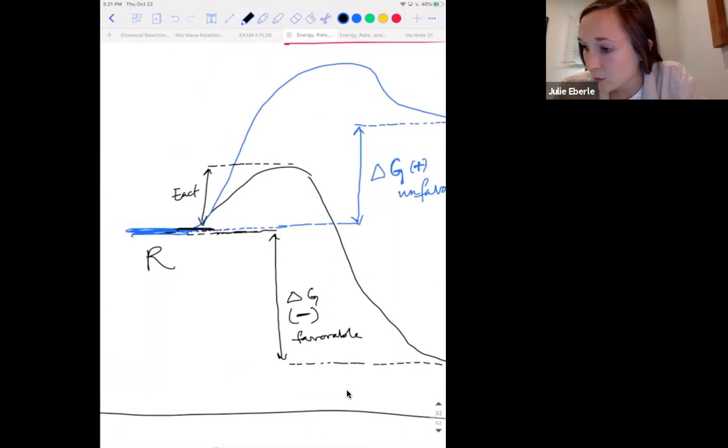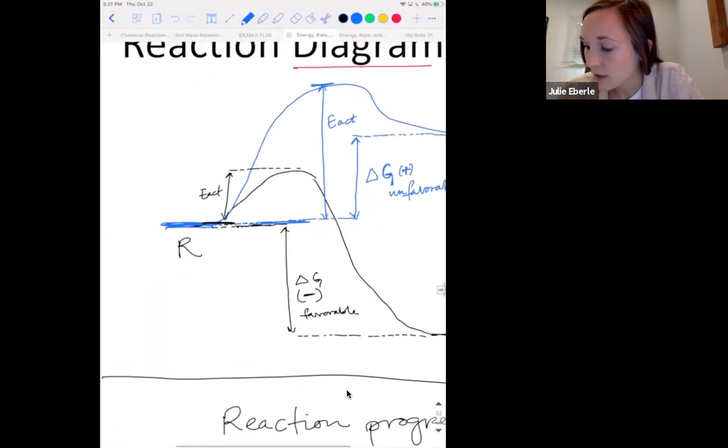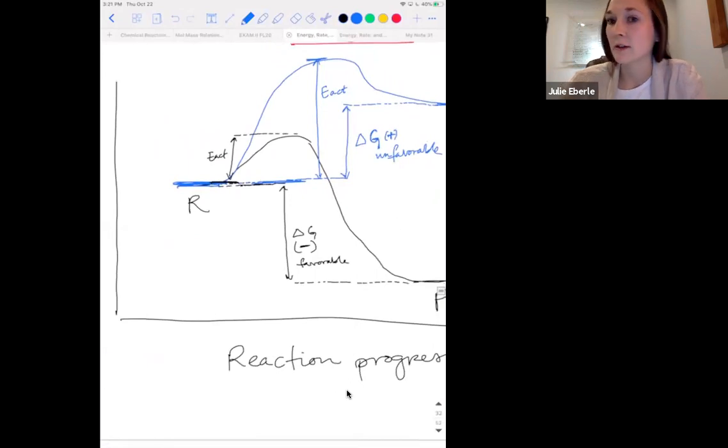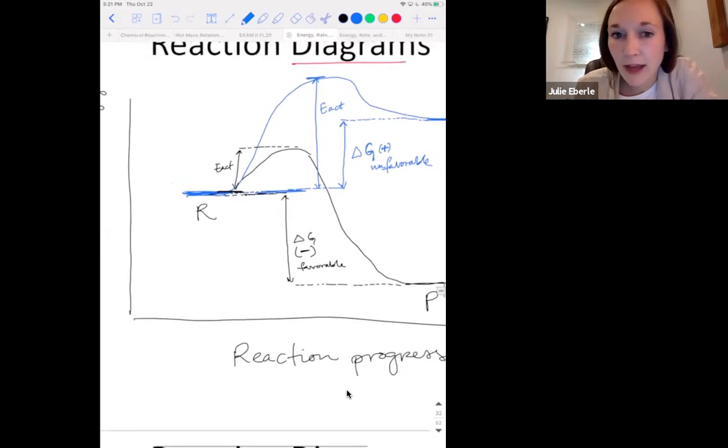And then same for the one in blue that we drew. Here was the energy level of the reactants up to the peak. This change right here, this big line down to the blue one, that is the activation energy for that reaction as well. So that's how you mark off and examine. I'll stay right here for a second. Y'all are still drawing. That's how you label the activation energy.